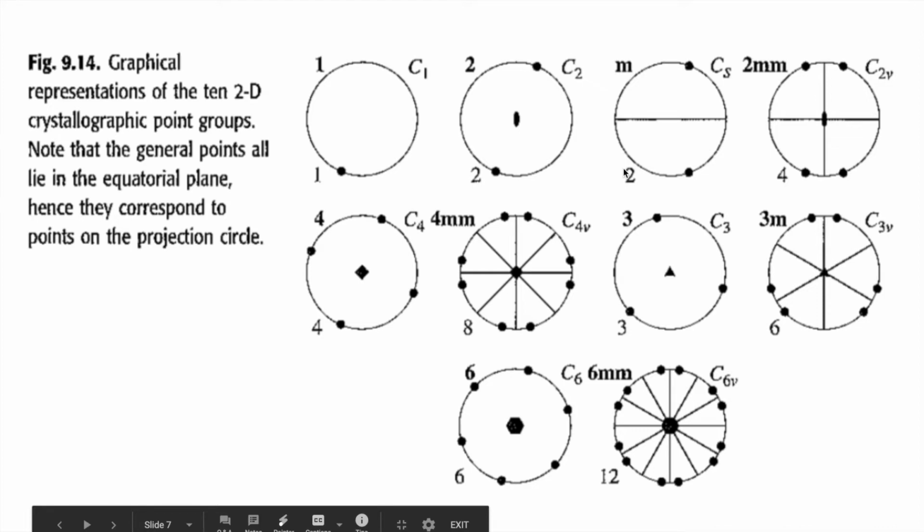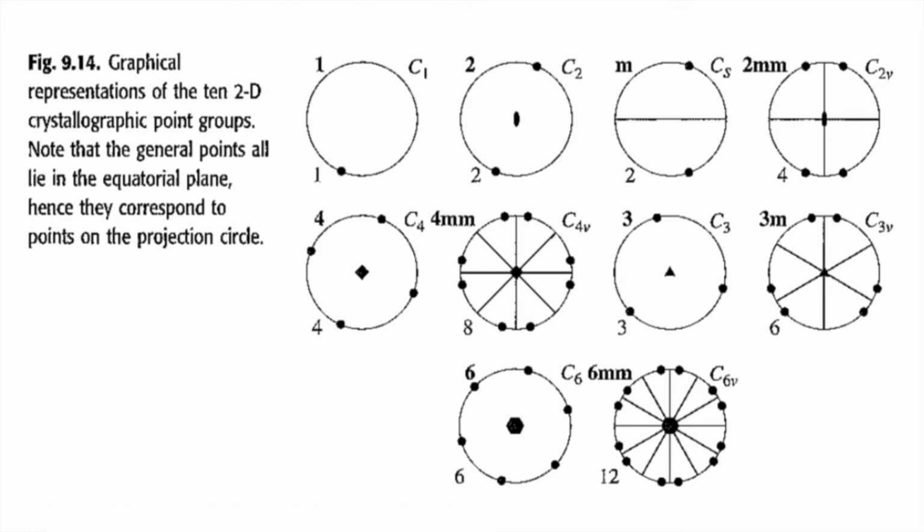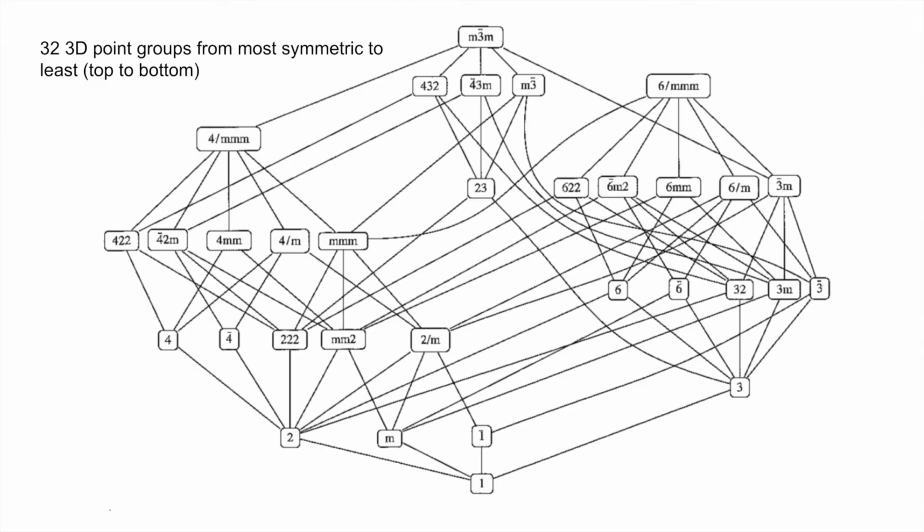So the continuation of that is if we go to 3 dimensions, then there ends up being 32 point groups that give us the different symmetry operators in 3D. So there's 32 point groups in 3 dimensions. So instead of trying to draw them all out, I've just put a system here.